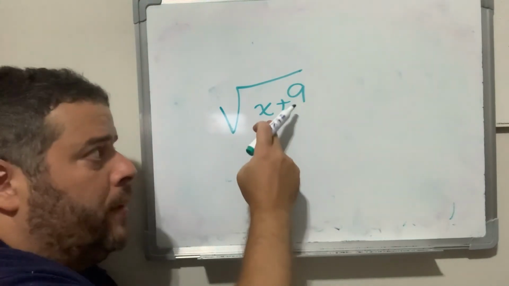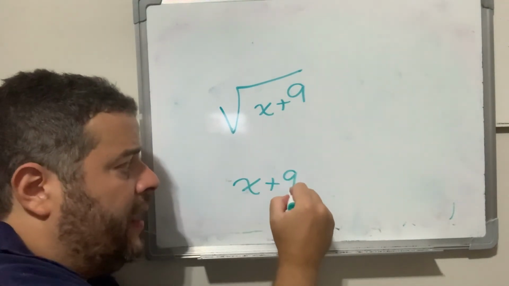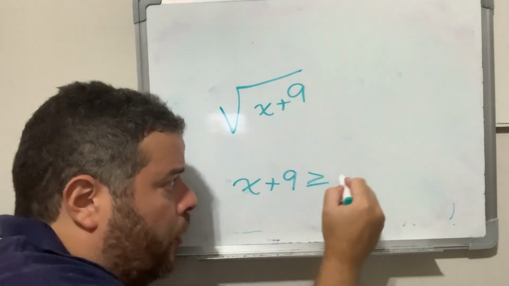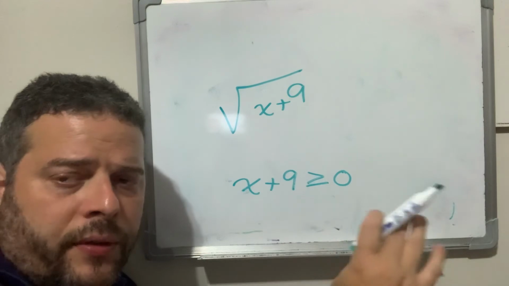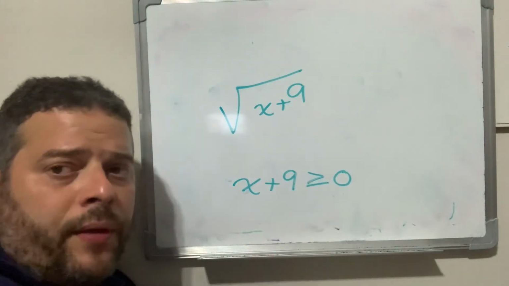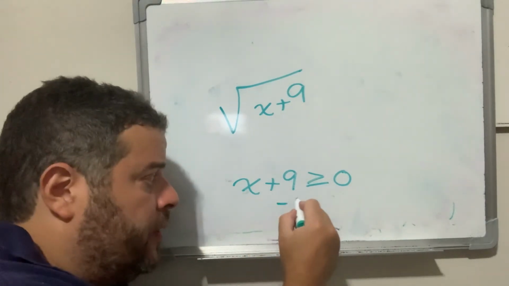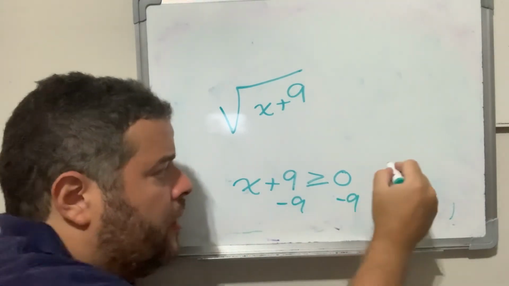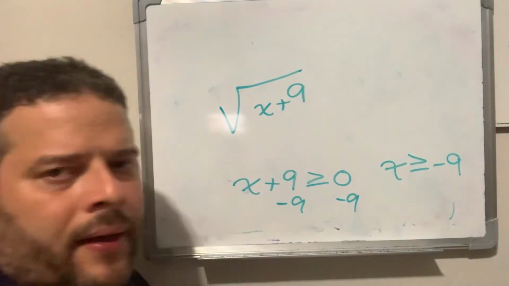What you have to do is change this to an inequality. x plus 9 has to be greater than or equal to 0. And then you just isolate normally how you work with inequalities. We might have to go over that, but this case is pretty simple. Subtract 9 from both sides. So x can be greater than or equal to -9.